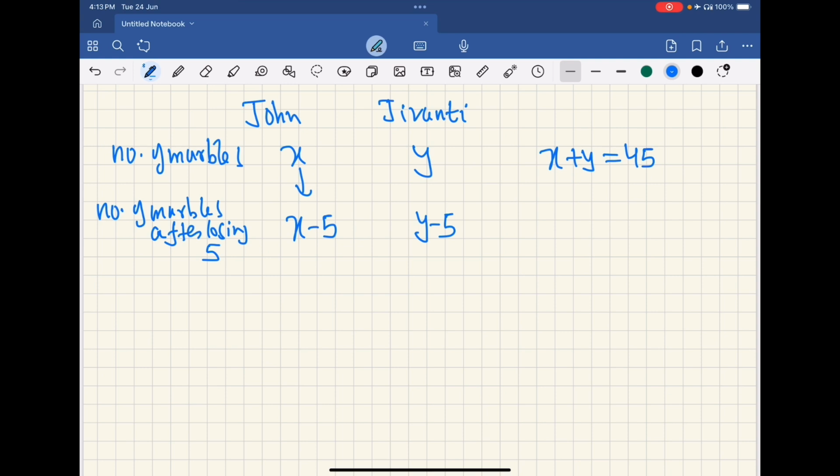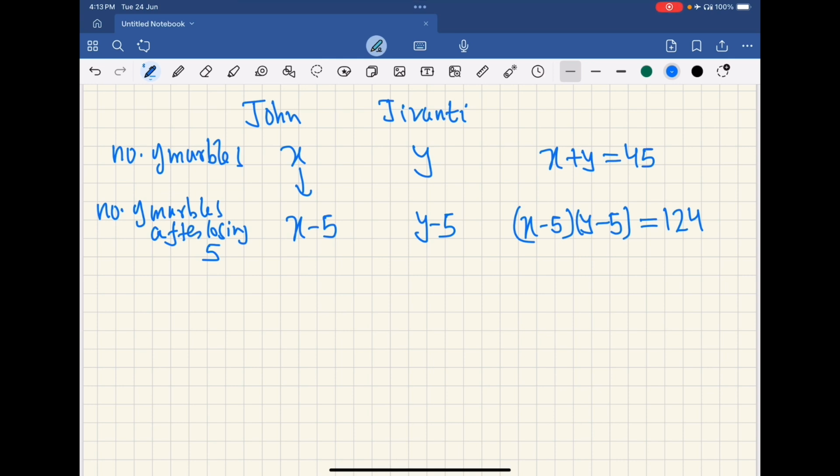Then the question says both of them lost 5 marbles each and the product of the number of marbles they now have is 124. So the other equation given to us is (x minus 5) times (y minus 5) is equal to 124.